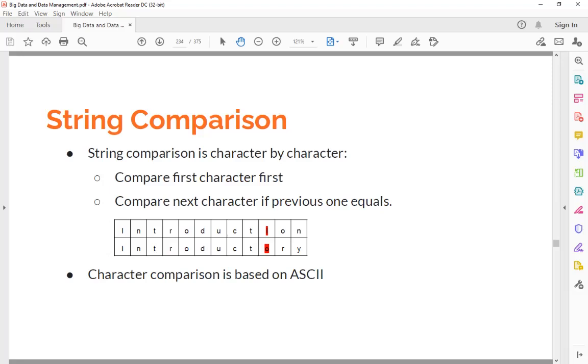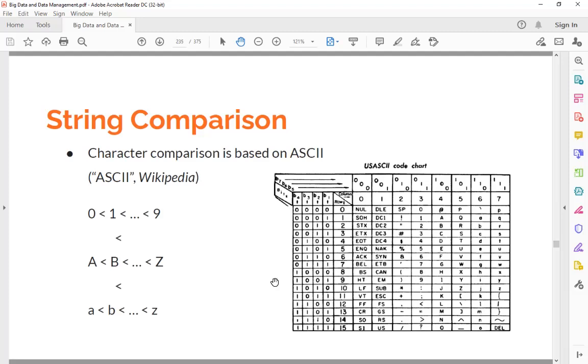And the result of this comparison is the result of the string comparison. A char comparison is based on ASCII. ASCII is a standard encoding system for most computer systems, right? So here is the ASCII chart where you can see up front 00 is NUL. This NUL is basically similar to the NULL we have in databases; it means nothing, not existing. So if you have two strings, one is AA and another is A, then AA is greater than A. Why?